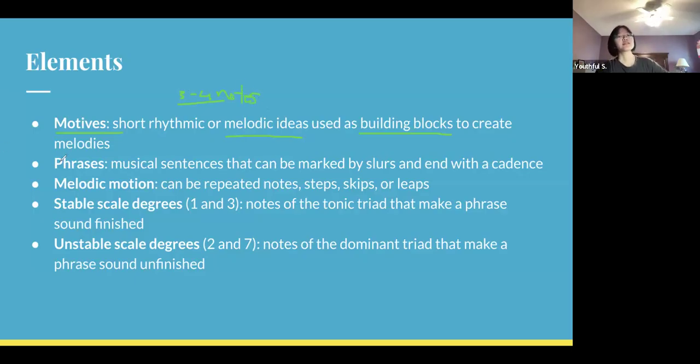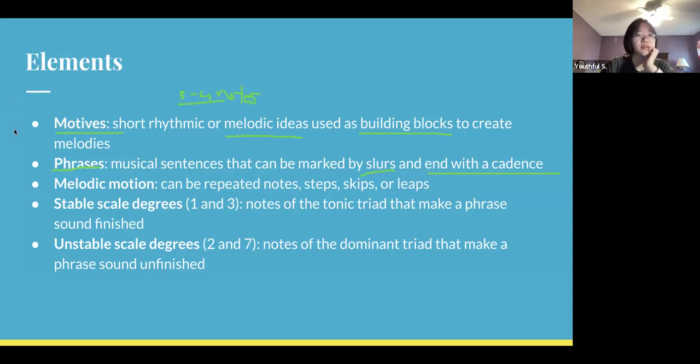Okay, and then a phrase. I'm sure you guys all know phrases. They're basically like a sentence, and they can be marked by slurs, and they always end with a cadence. Basically, how you know a phrase has ended is because there is a cadence there.